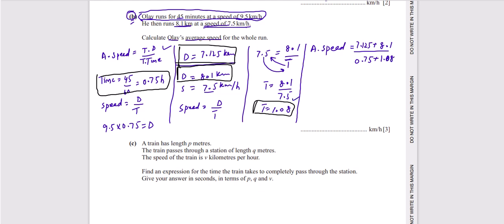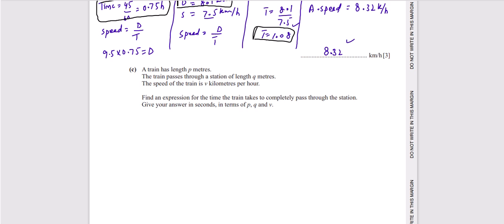Add up these values and divide with each other. We get 8.32 kilometer per hour. The final answer is 8.32 kilometer per hour.